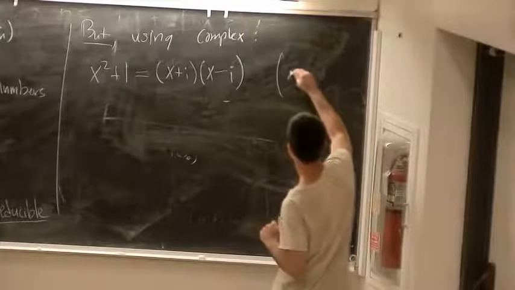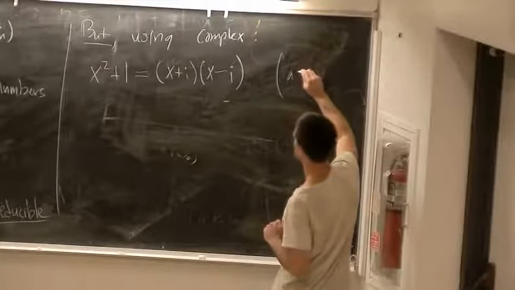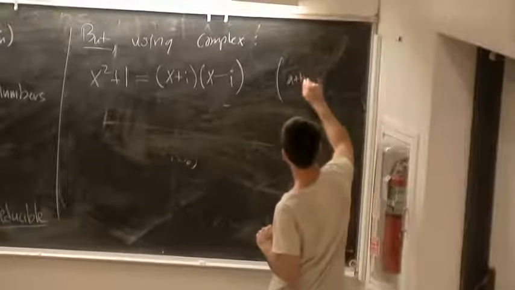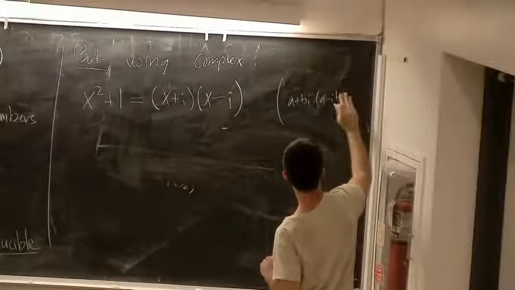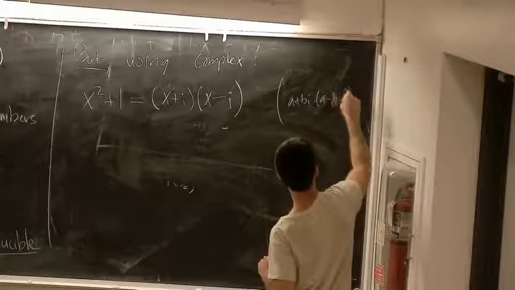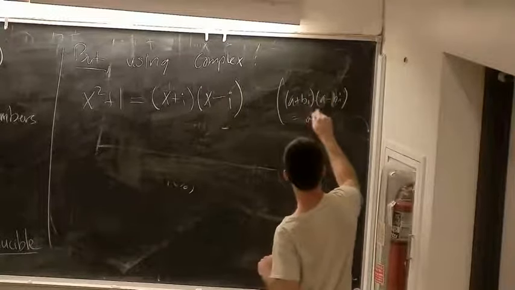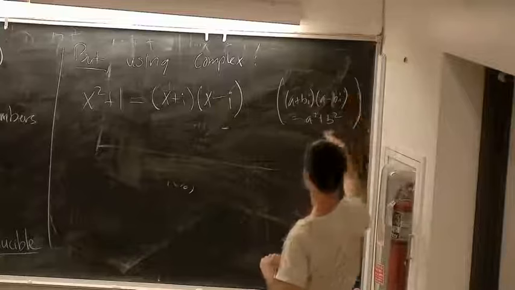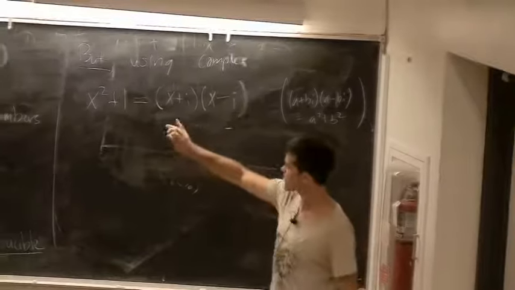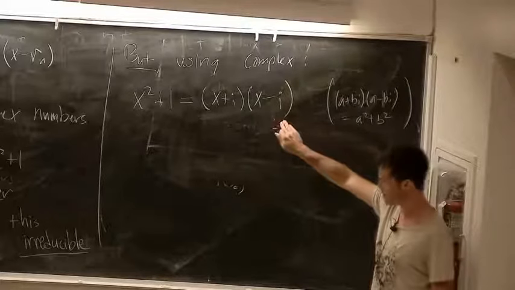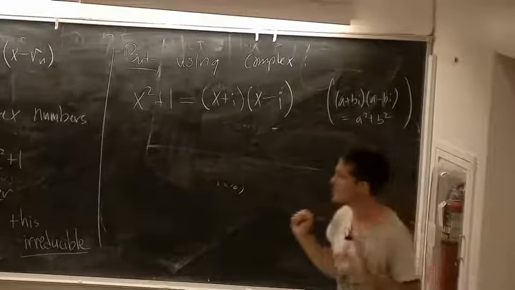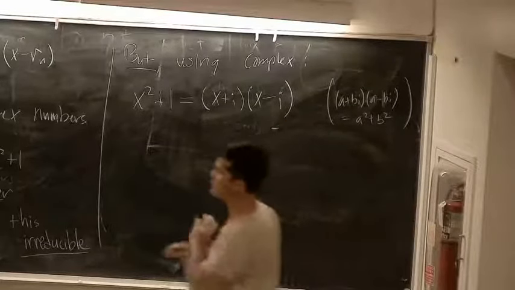It actually looks kind of like a plus bi times a minus bi is equal to a squared plus b squared. You might remember that formula. So you can see this does factor into linear factors. And now that we're allowing ourselves to do that, we can now fully factor every polynomial.